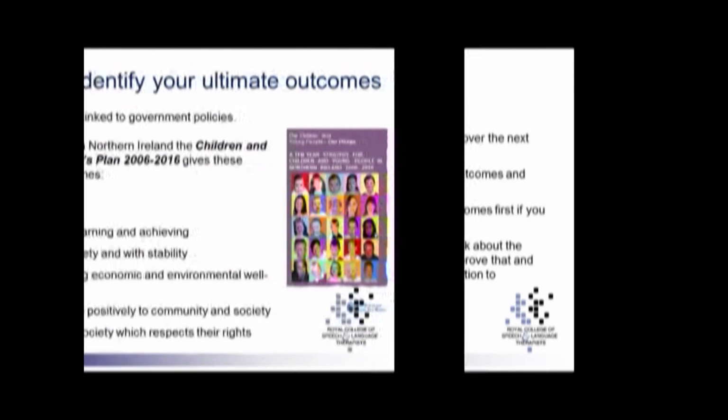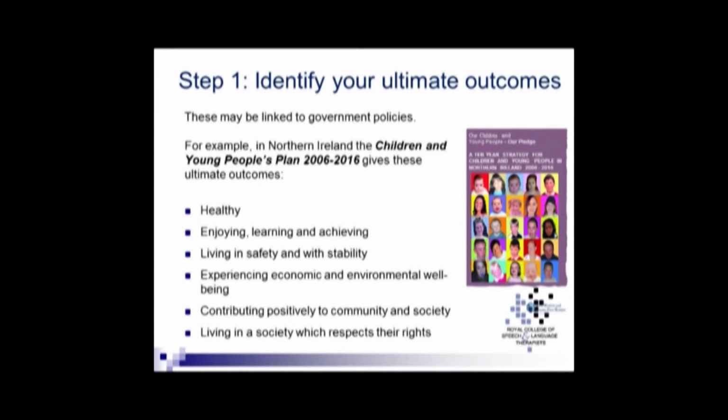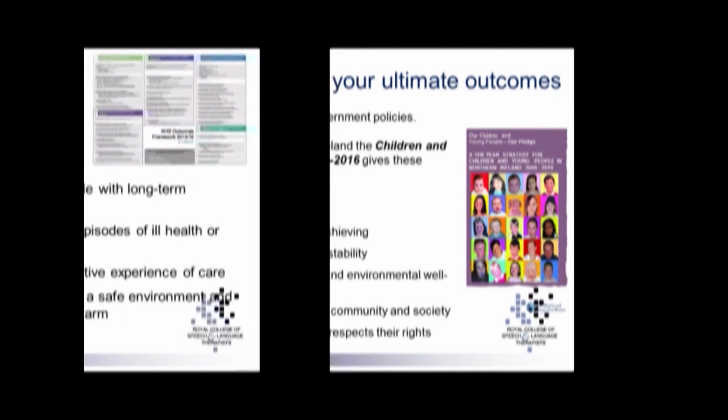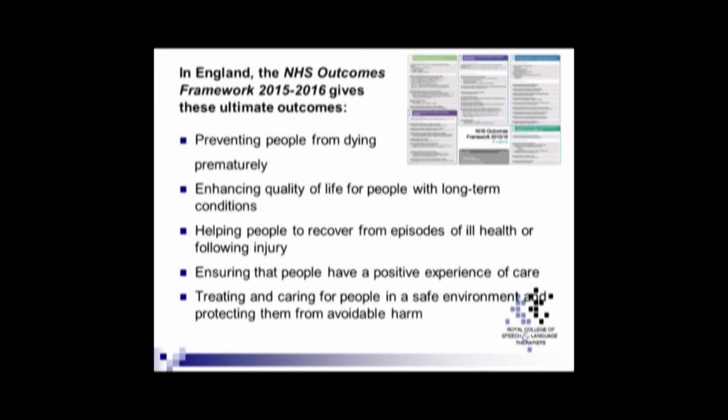So step 1, identify your ultimate outcomes. These may be linked to government policies. So for example, in Northern Ireland, the Children and Young People's Plan gives these as ultimate outcomes. In England, the NHS Outcomes Framework gives these as ultimate outcomes.